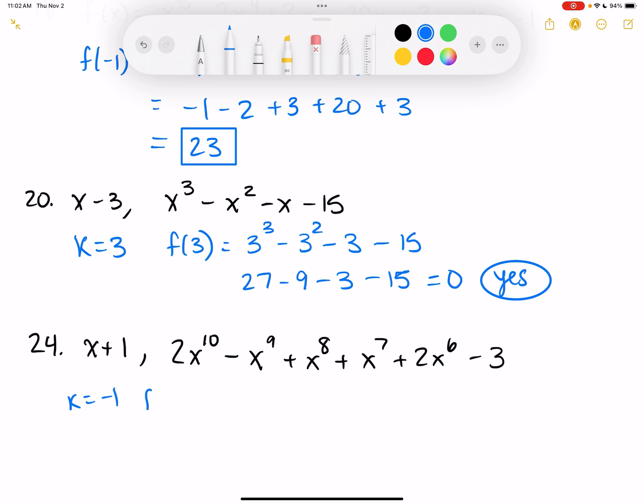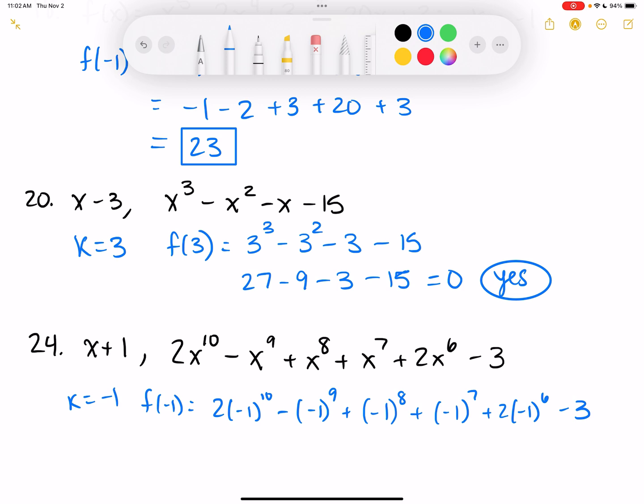So f of -1 is how I'm thinking about this. So 2 times -1 to the 10th minus, parentheses, -1 to the 9th plus -1 to the 8th plus -1 to the 7th plus 2 times -1 to the 6th minus 3.